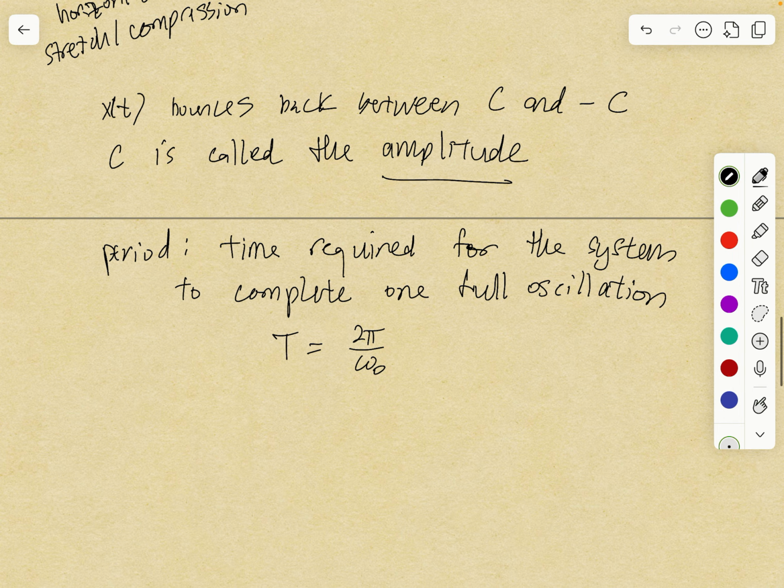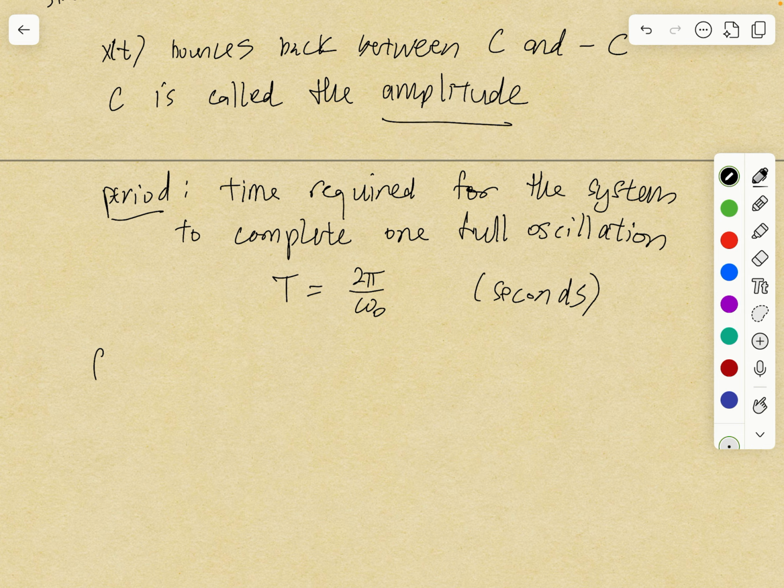Okay, so the units of time depend, but let's say that this was in seconds, right? Then that would be the period, and then the frequency would be how quickly it cycles. Well, the shorter the period, the higher the frequency. The period and the frequency are inversely related. The frequency is 1 over T. So that's omega naught over 2 pi.